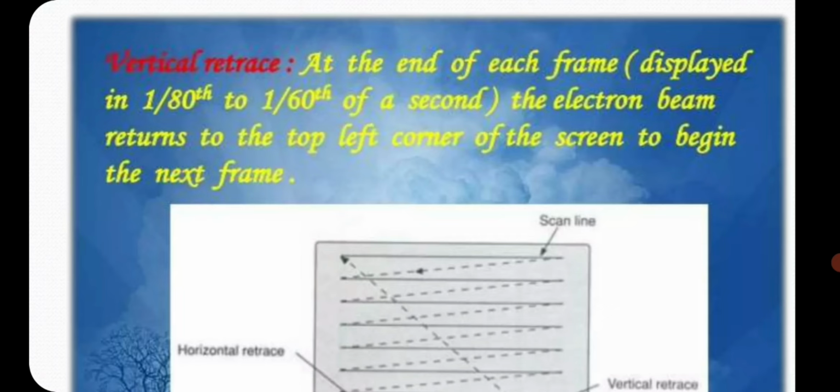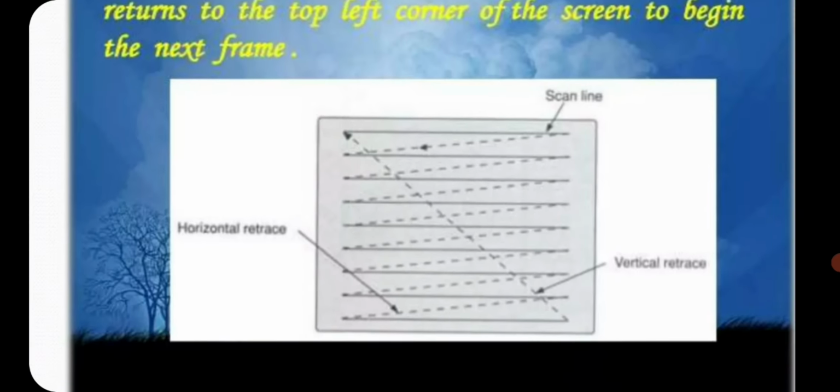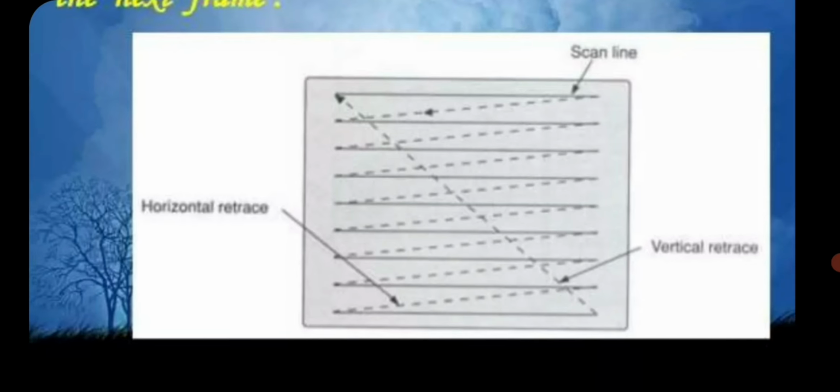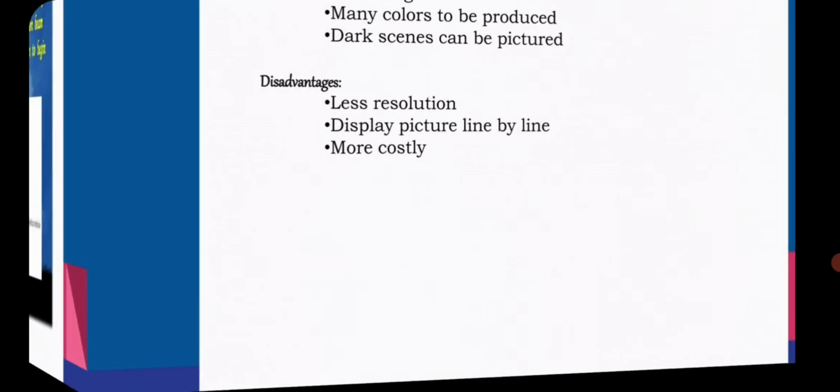After it is done for one frame buffer, we know that a frame buffer consists of many frame elements. When one frame is done, the vertical retrace is done. That means it goes up again to draw the next frame. So this is how every next frame is drawn on the screen using the horizontal and the vertical retrace. This is how raster scan displays draw the pictures.